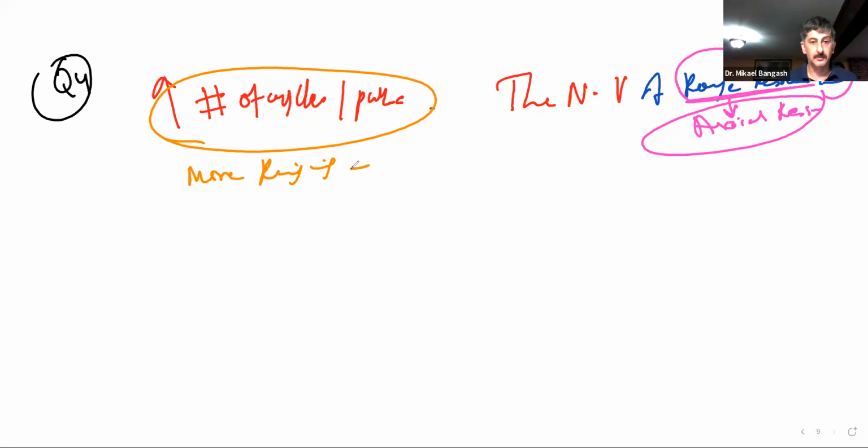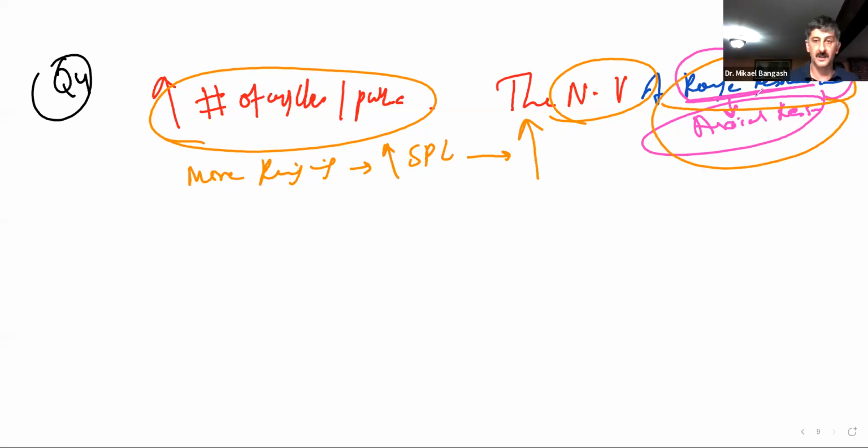But what was that going to do? That was going to increase your spatial pulse length, which will increase the numerical value of your range resolution.